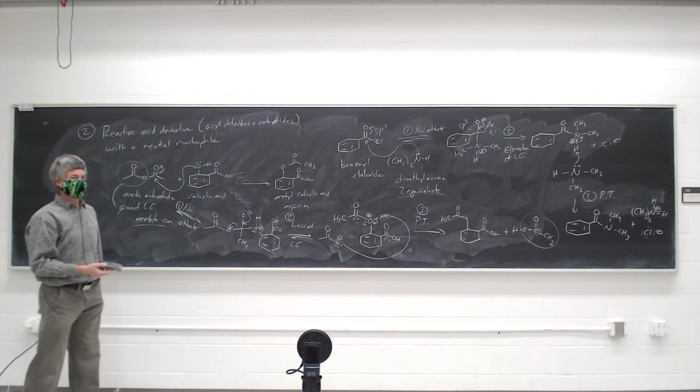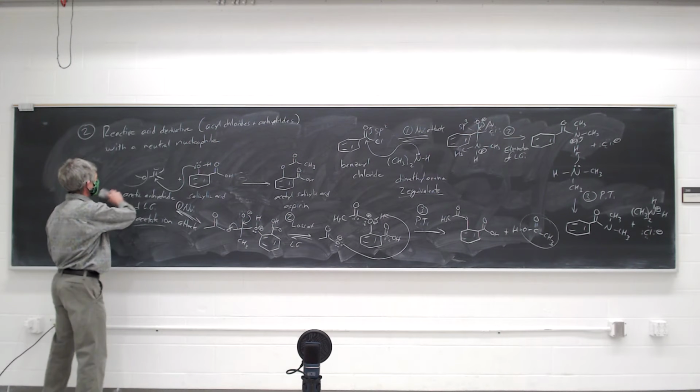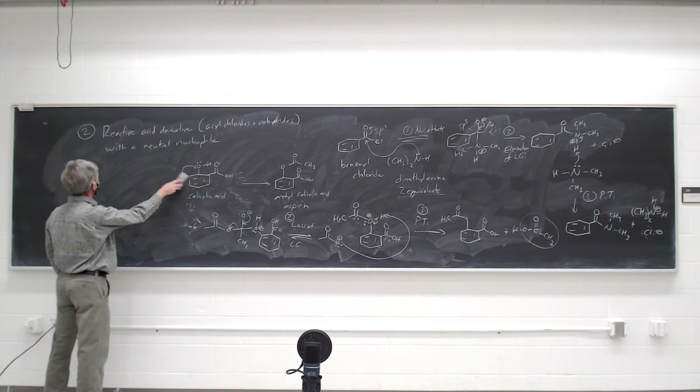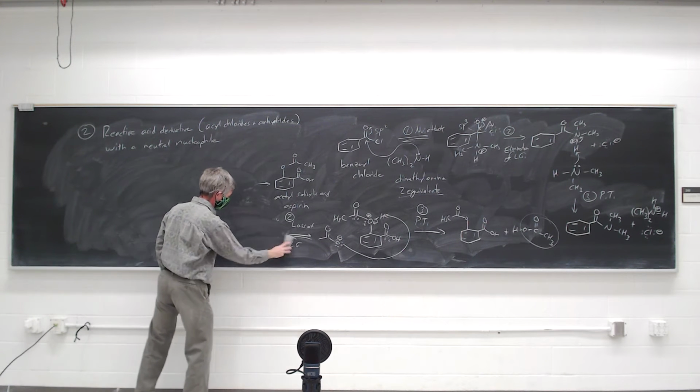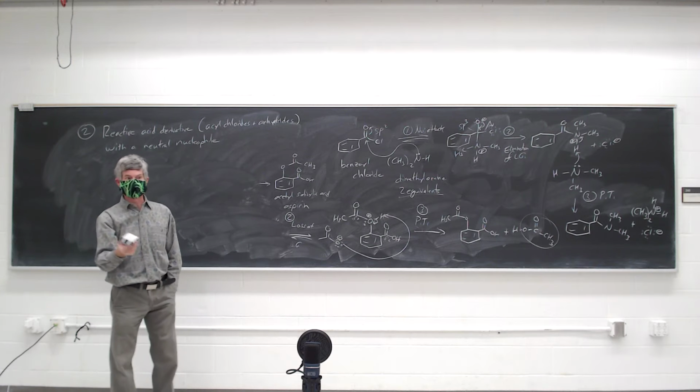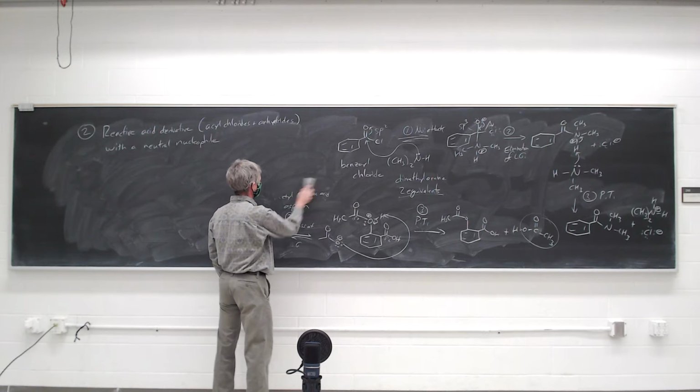Lots of things can be added to acid chlorides. Because the acid chloride is the most reactive derivative of the acid derivatives, you can go downstream and form esters and anhydrides from it as well.